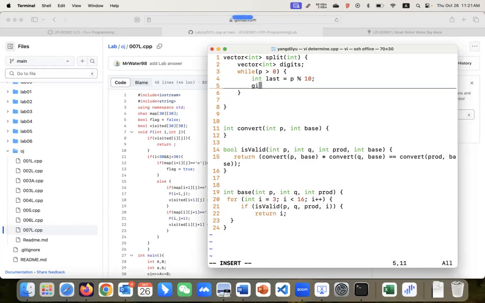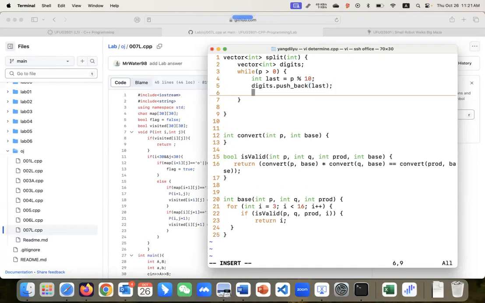Digits dot push back of your last, right? And each time p equals p divided by 10. And here you can return digits. Maybe reverse order, maybe the same order, it doesn't matter, right? This function, you can split some integer. Right, let me put a p here.